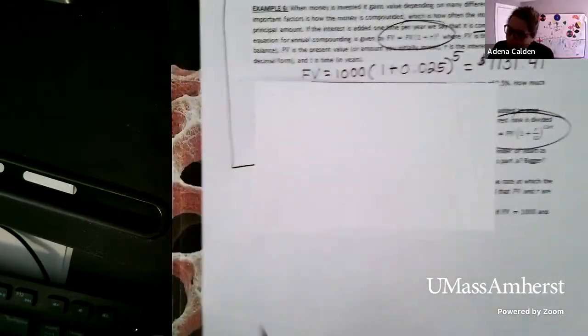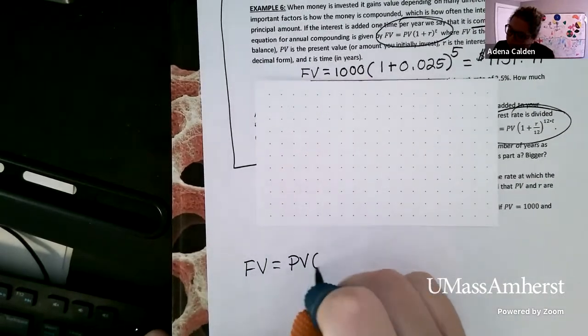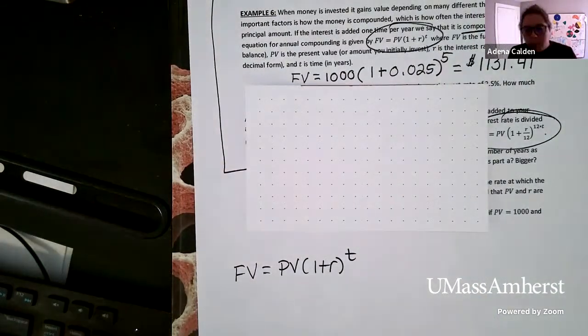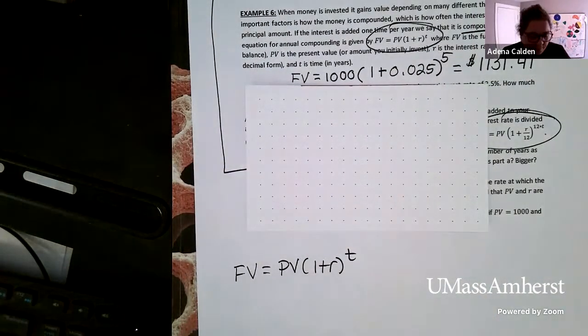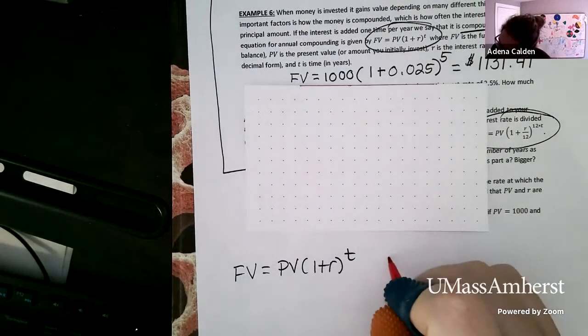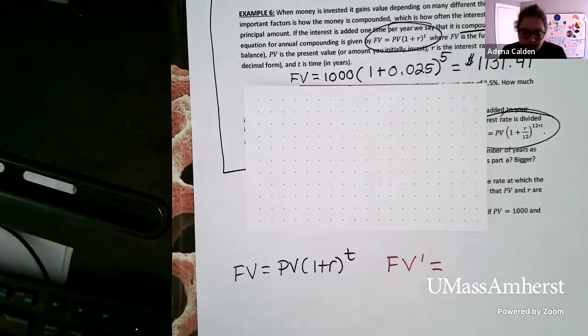Okay, so let's start with future value equals present value times 1 plus r to the t. So when we think about taking the derivative, the things that are going to be important are, do we have a constant multiple? What is the base? What is the power?